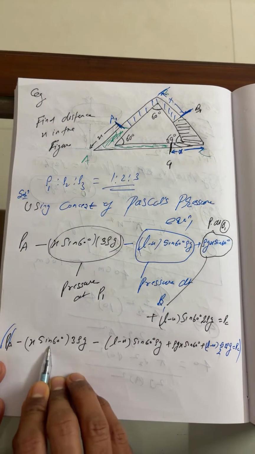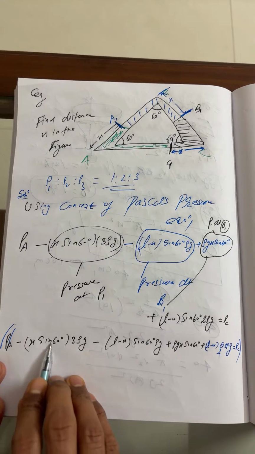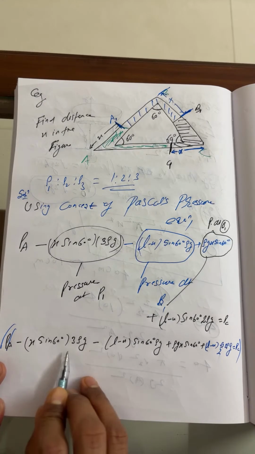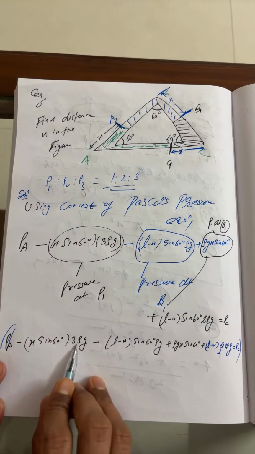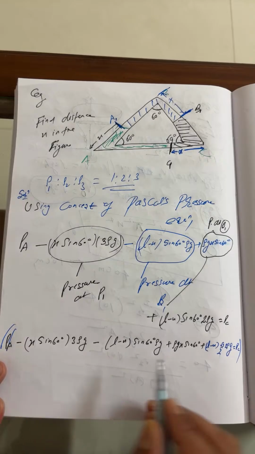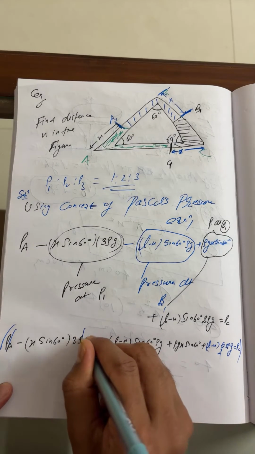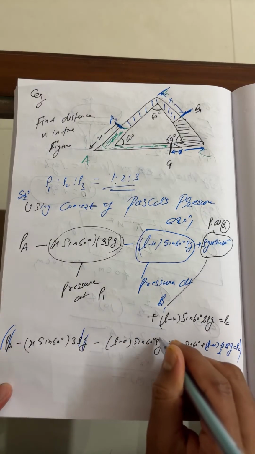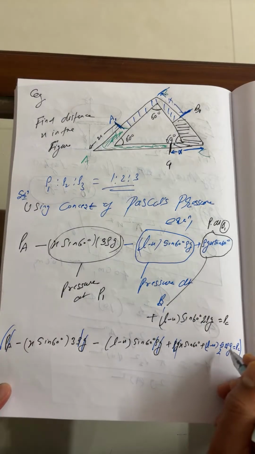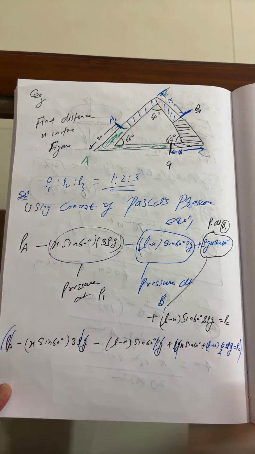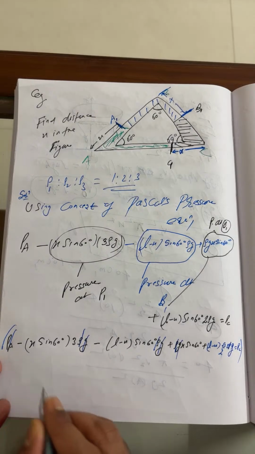Now sine 60 we can say is root 3 by 2, into the density, which is 3 rho. So everywhere, just do one thing: you can see rho g, rho g, rho g, finished. Now what can you write for sine 60?